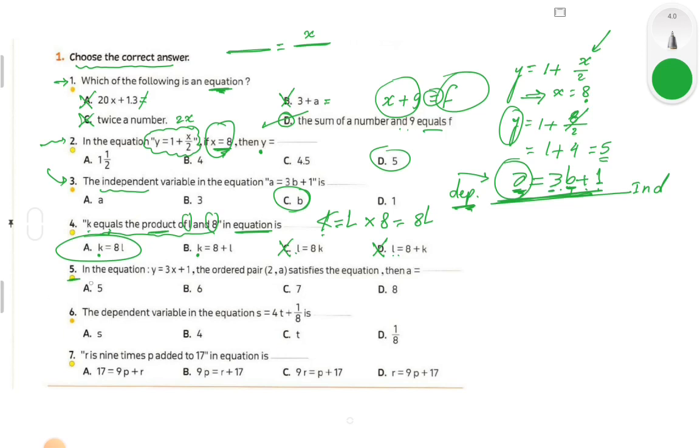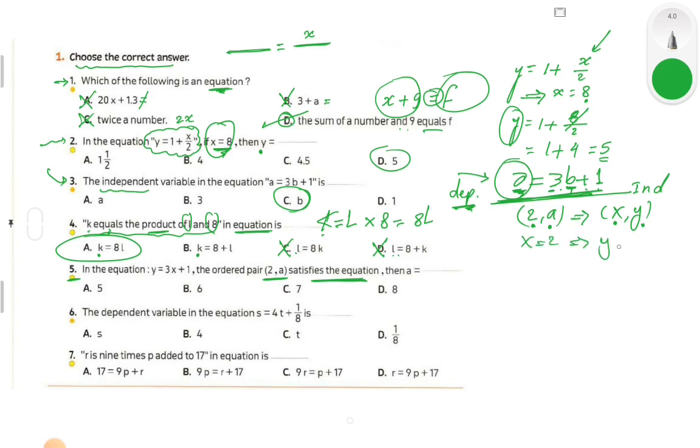Point 5. In the equation y equals 3x plus 1, the ordered pair (2, a) satisfies. What does it mean to satisfy the equation? That means I have 2 and a, a 2 and a ordered pair. This is x and y. That means 2 is x and a is y. Now I know that x equals 2, right?